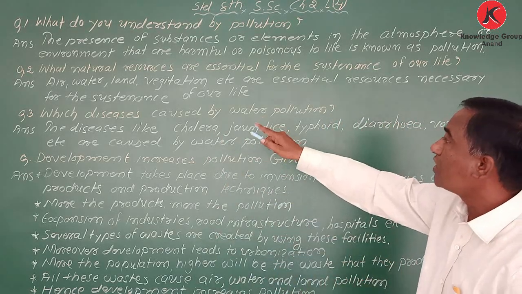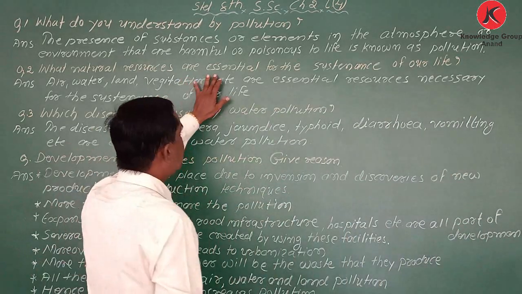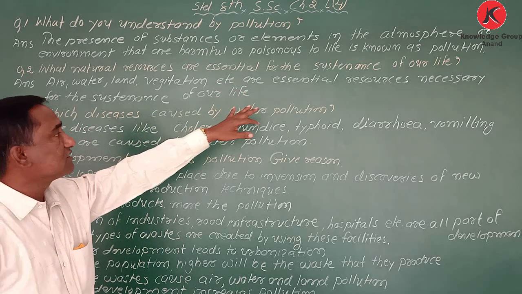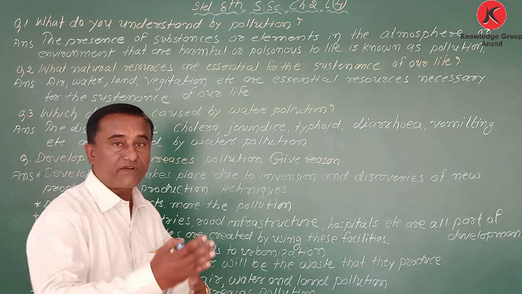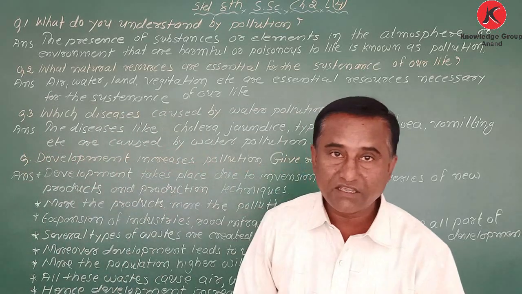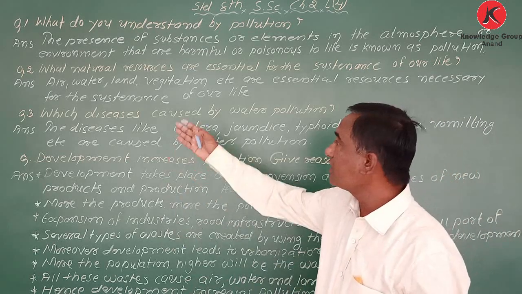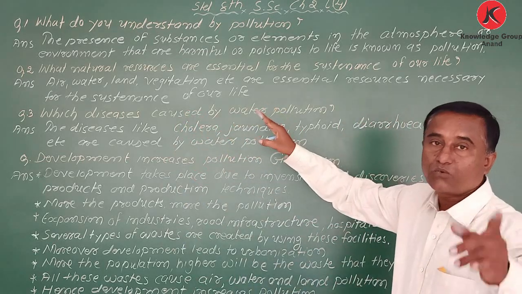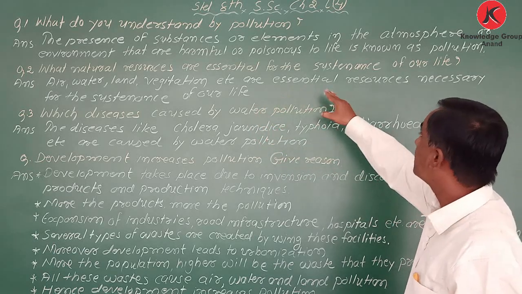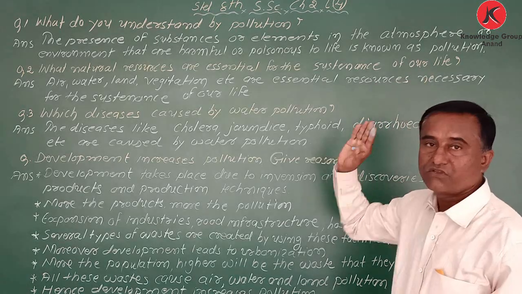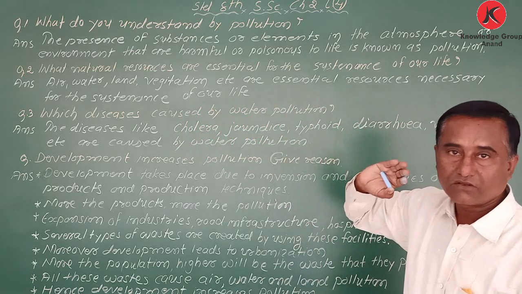Next, what natural resources are essential for the sustenance of our life? In order to live and survive, which things are necessary? Air, water, vegetation, necessary, na? So the answer: air, water, land, vegetation.